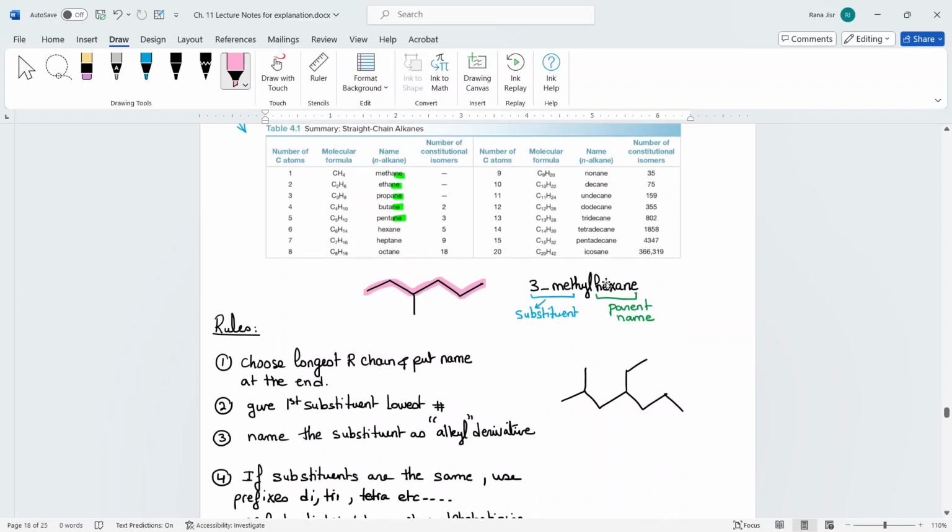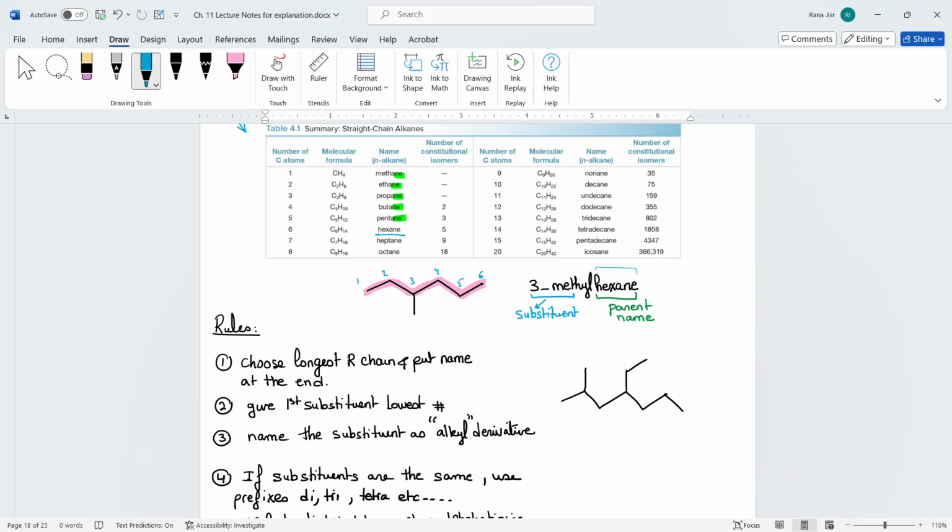You count its carbons: 1, 2, 3, 4, 5, and 6. So it's 6 carbons. 6 carbons is a hexane, so your ending is going to be hexane. This is called the parent name. The parent name always goes at the end, and this is what you need to start with. Choose your longest carbon chain, name it, and put it at the end.